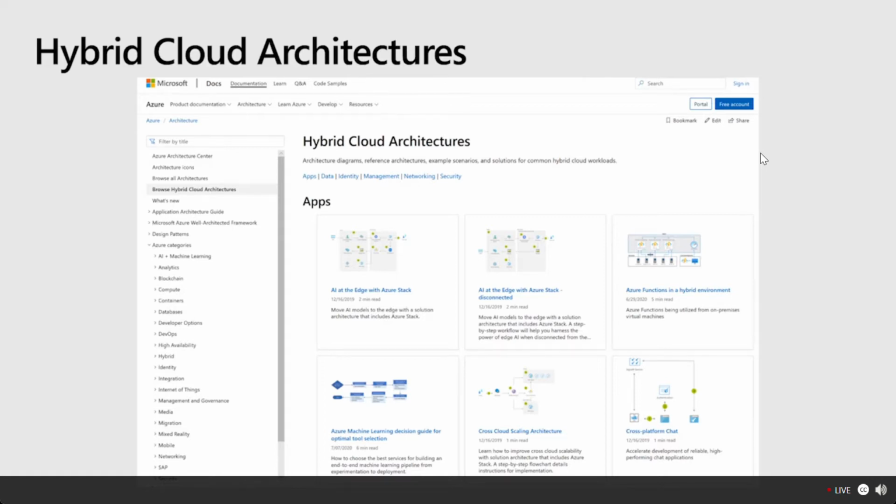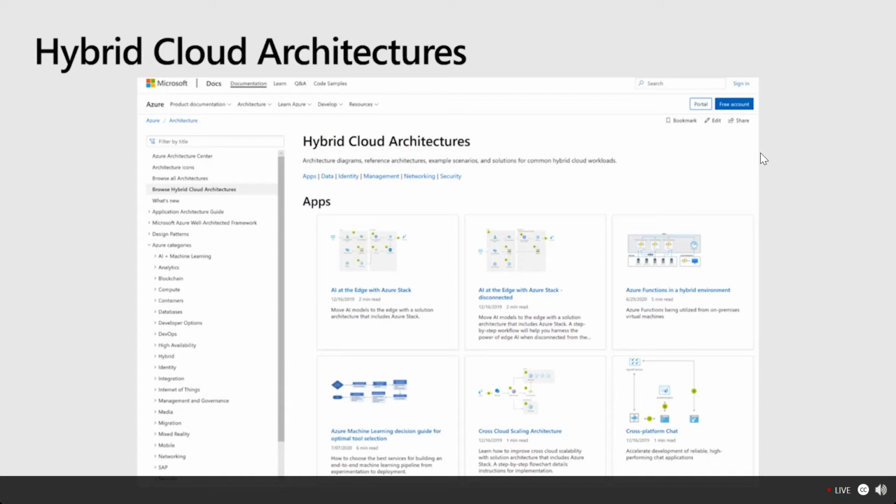Microsoft publishes and updates hybrid cloud architectures on docs.microsoft.com. To understand what a hybrid cloud architecture is, it's sort of a best practice solution for a specific problem that you might have. It gives you a reference way of solving the problem.